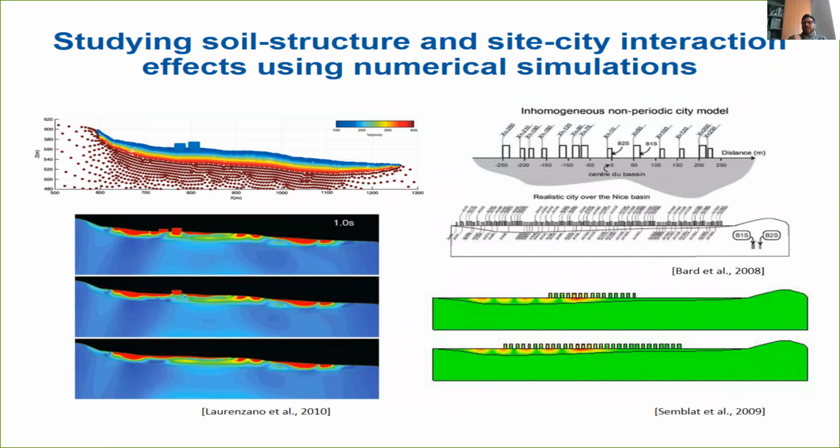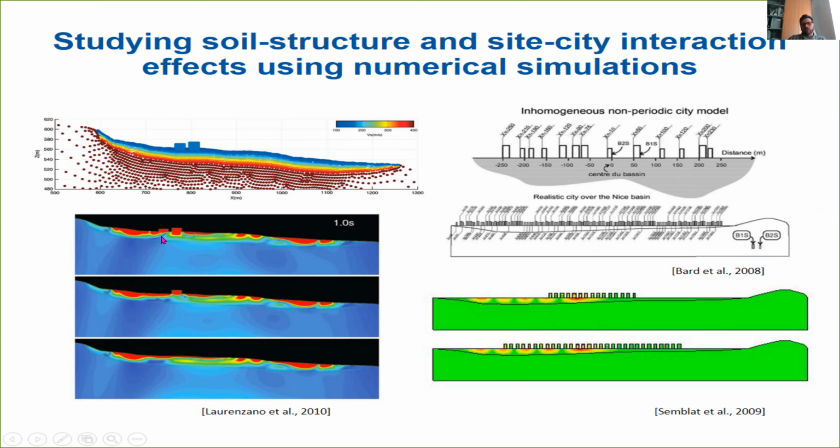There have been examples in the past that were trying to study the effect on the shaking due to the presence of buildings. One of the examples was done already 10 years ago after the Molise earthquake.